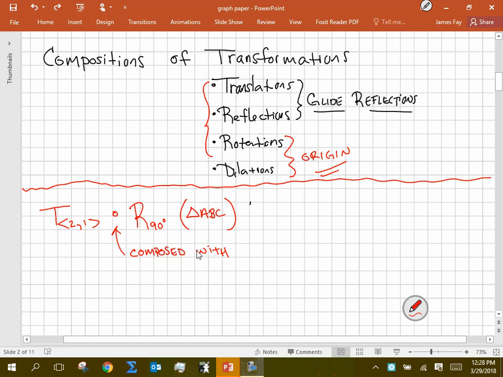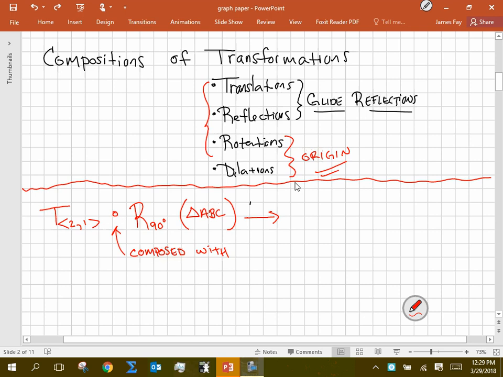Even though that's the notation, there's a little bit of confusion sometimes when we read this. We actually read this and conduct the transformations backwards. We're going to work from right to left. This is something you'll see in Algebra 2, where you do composition of functions.